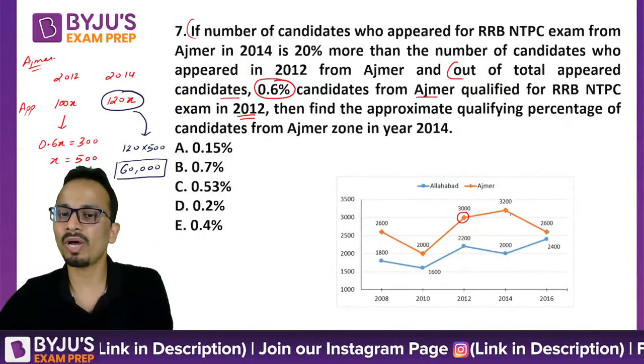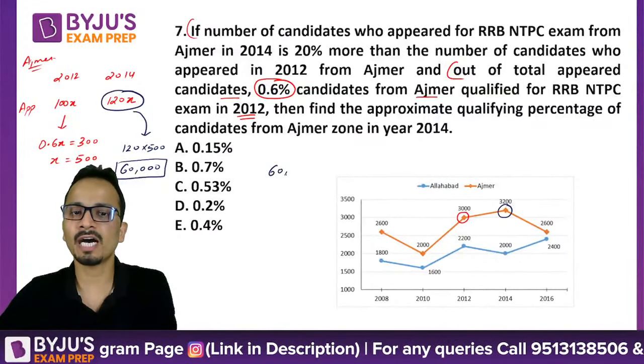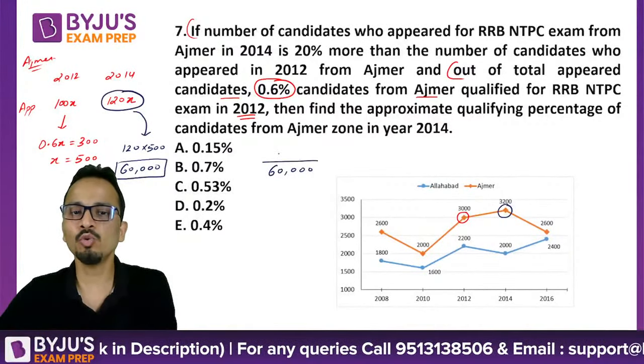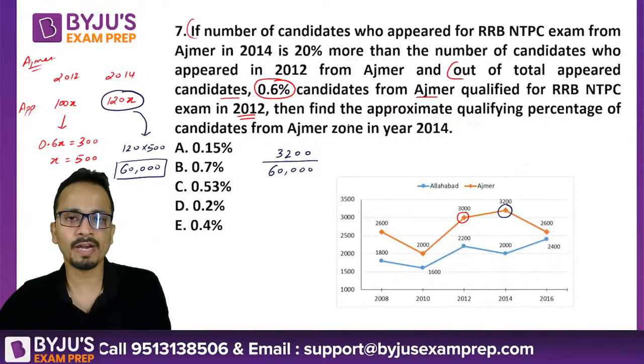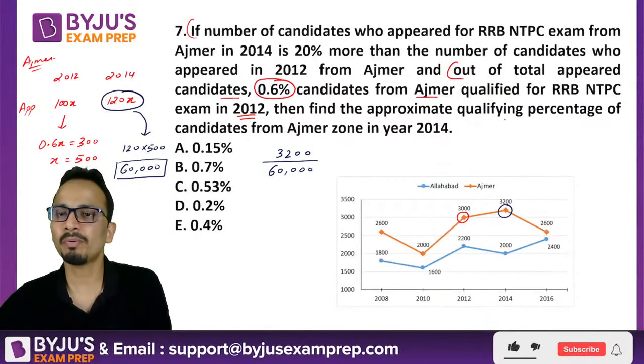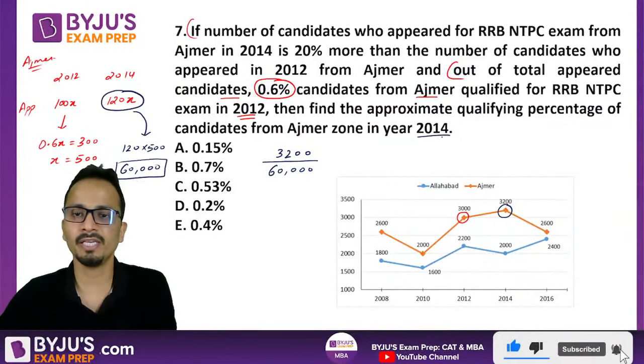Now how many qualified in 2014? 3200. So out of 60,000, 3200 candidates qualified. All right. So we have to find out approximately what percentage of candidates qualified from Ajmer in the year 2014.